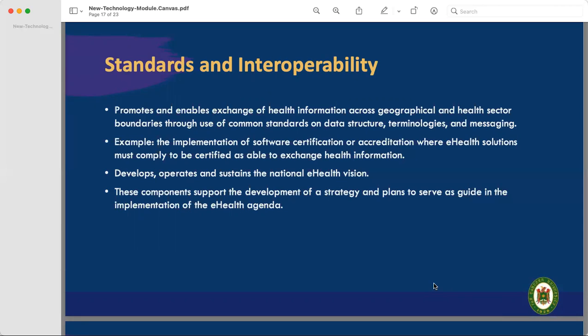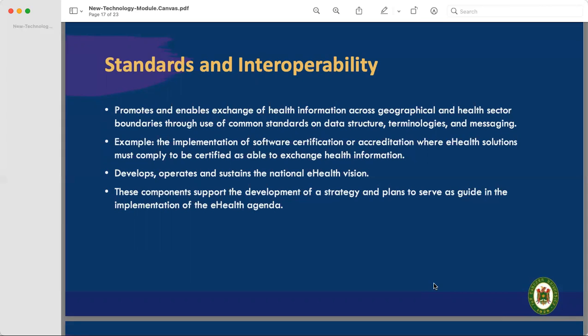Now, the standards and interoperability, as an important component, would help promote this exchange of health information. But of course, in exchanging health information, dapat yung structure is the same. Also, terminologies.